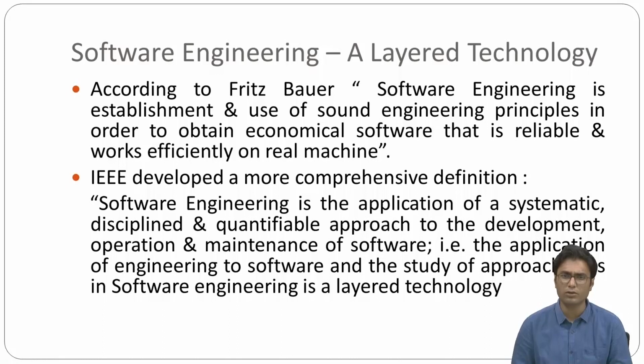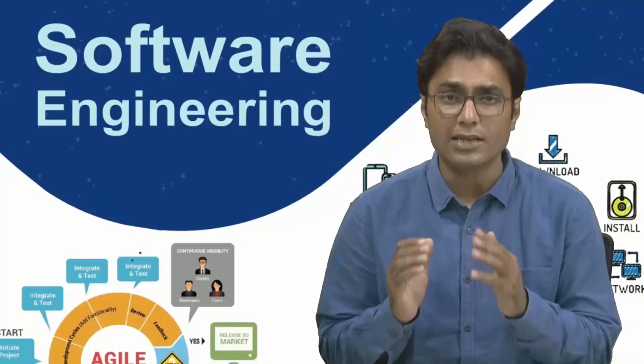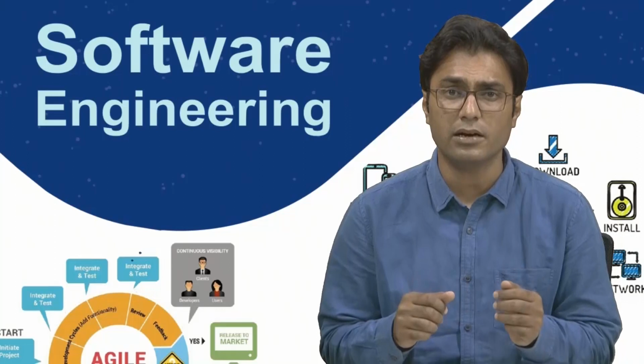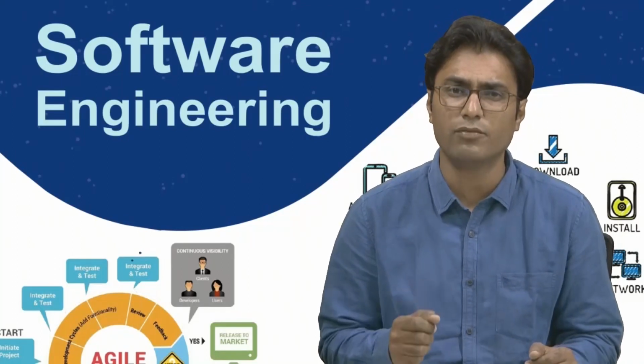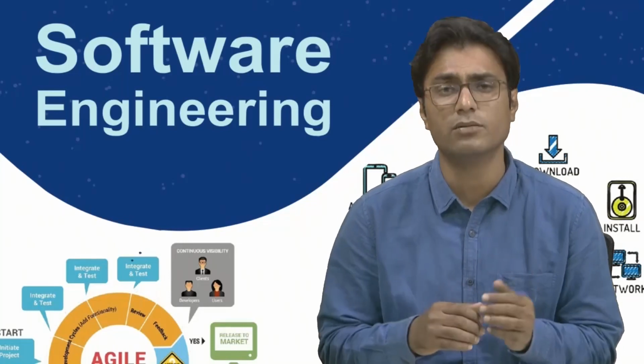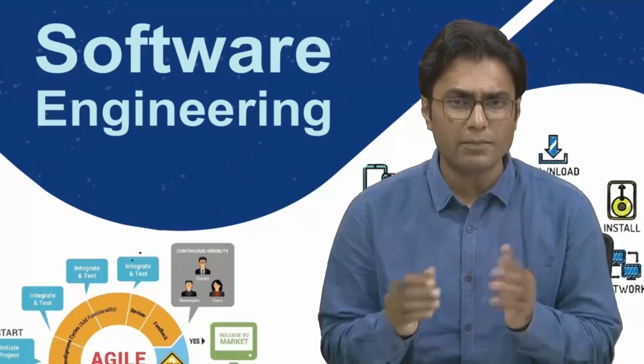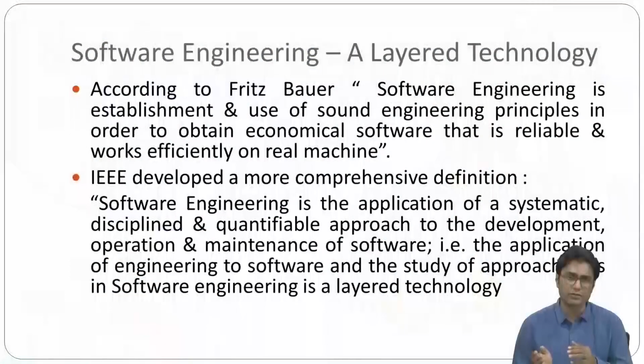So here, according to Fritz Bauer, software engineering is the establishment and use of sound engineering principles in order to obtain economical software that is reliable and works efficiently on real machines. The IEEE developed a more comprehensive definition, which is that software engineering is the application of a systematic, disciplined and quantifiable approach to the development, operation and maintenance of software.